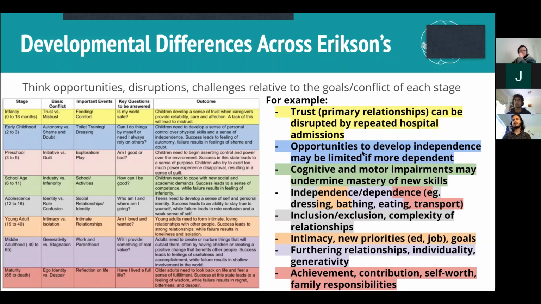And then we can think of, if a lot of this has to do with independence. So if you aren't able to be as independent, for instance, because you have a developmental disability or another sort of disability that occurs during your development, then that may mean that you require more help doing tasks that other children at a similar age would normally be able to start managing on their own.